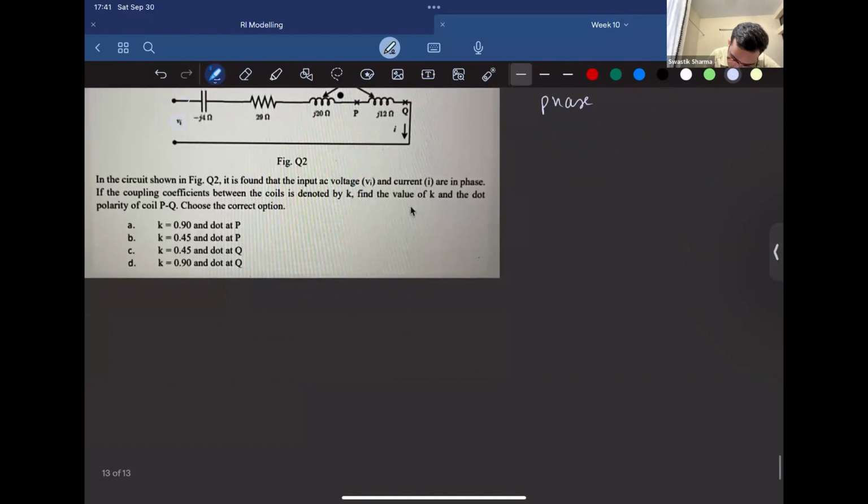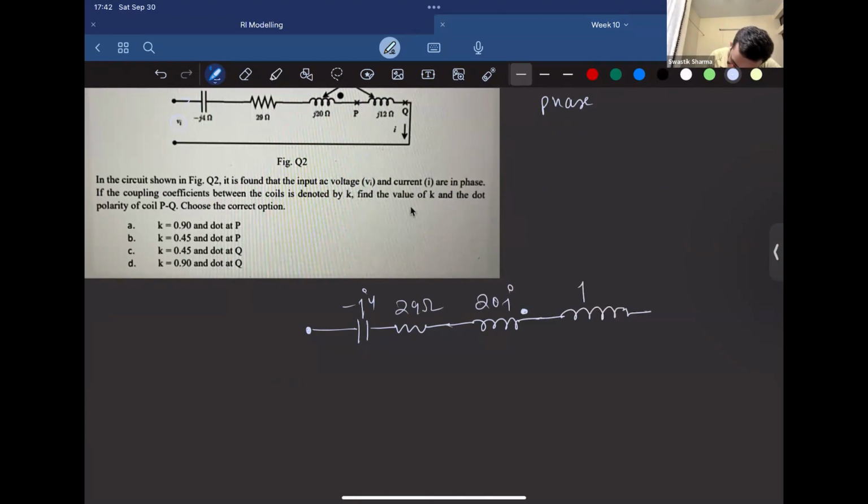So let's redraw the circuit. So this is minus J4. This is 29 ohms. This is 20J. And this is J12. So what happens in a series circuit? We have a voltage source with 2 times Jm, right?